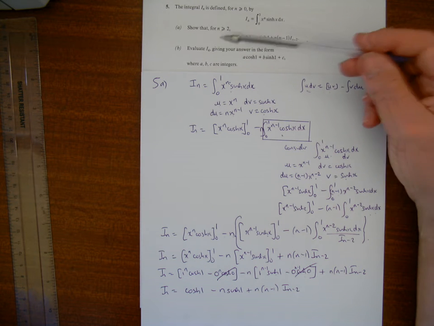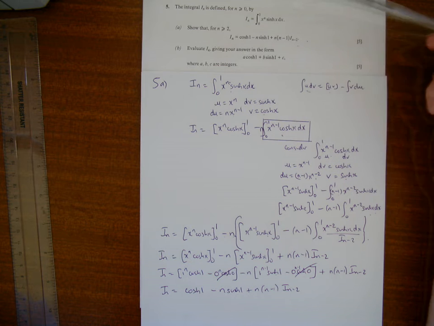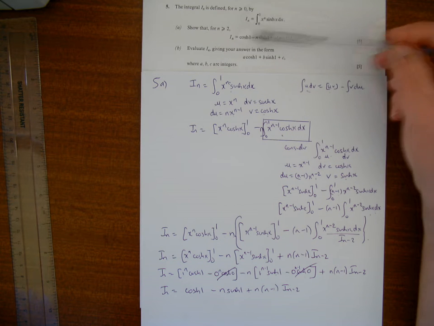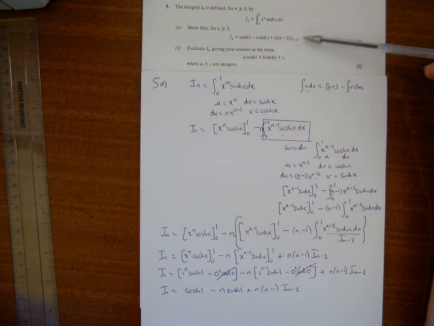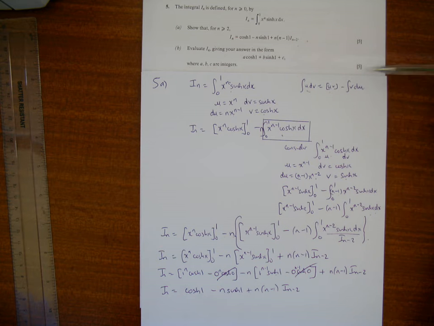Okay, the second part wants me to evaluate I_4, and for the second part, even if you do the first part and can't get that reduction formula out, you can still use it and those 5 marks are still available to you.